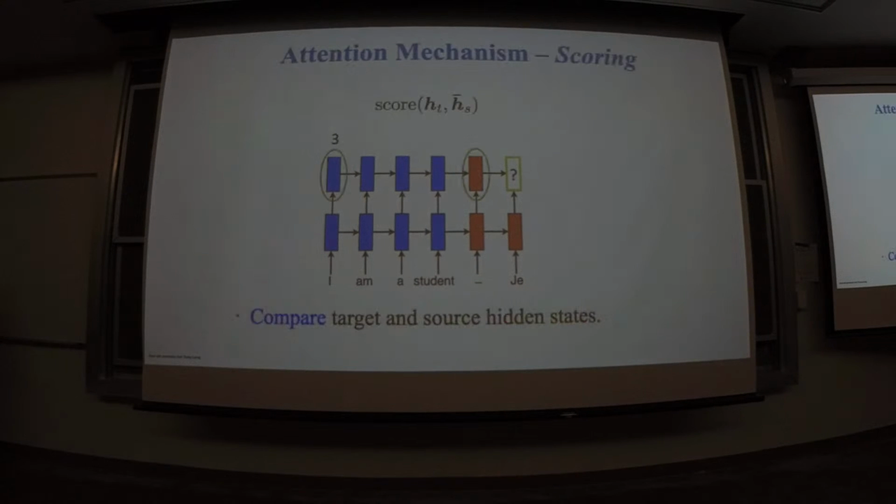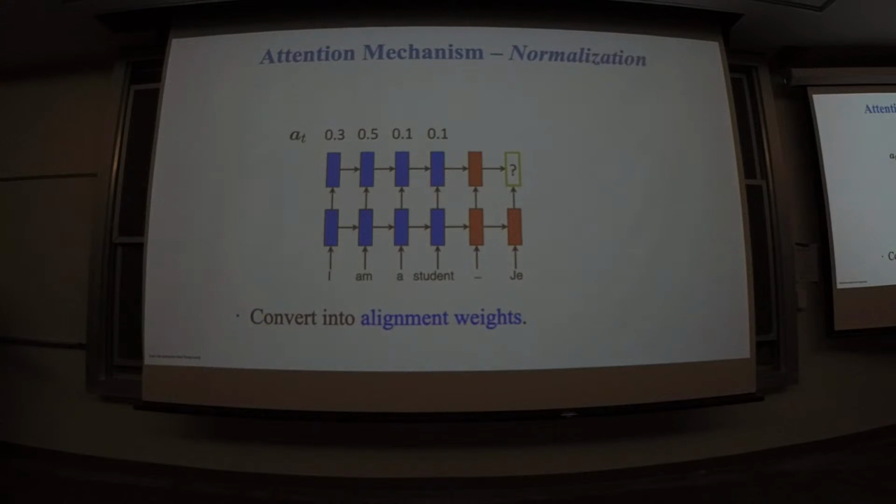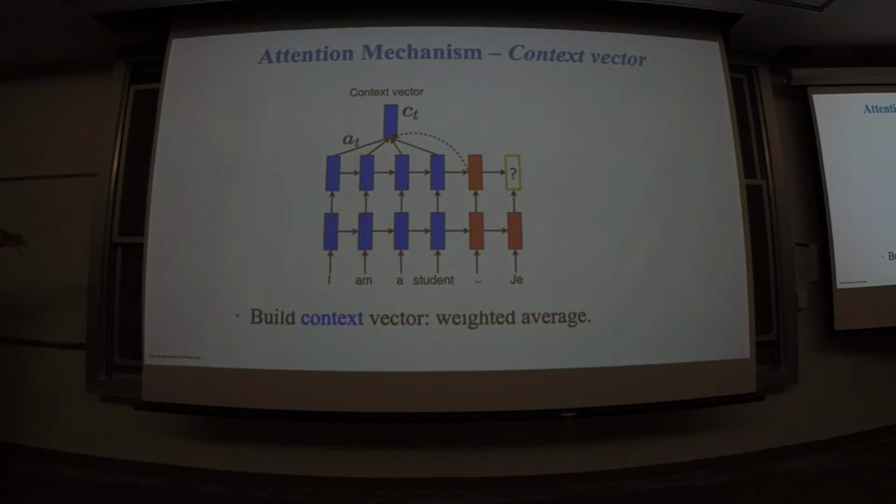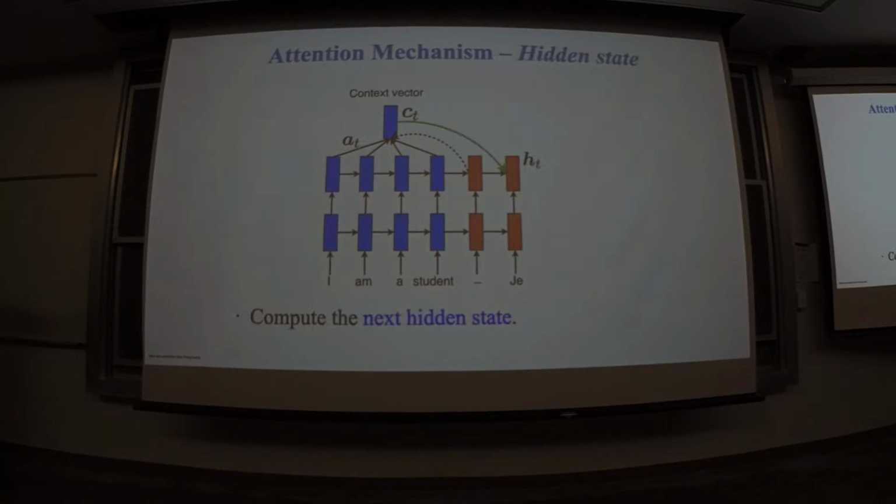Again, I'll just repeat. The idea here is, I want to produce my next hidden state. The way that I do that is I take this current hidden state. I do comparisons to all my hidden states in the encoder. I use those to create coefficients that then become the coefficients of this linear combination of those encoder states, that then become part of the input to my next hidden state.